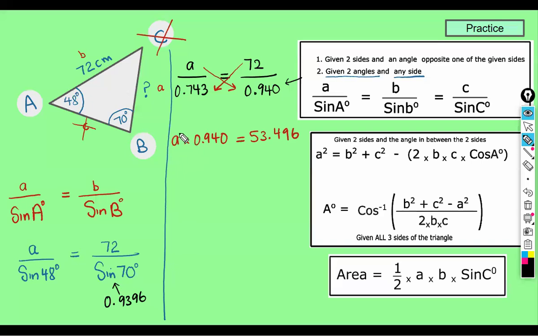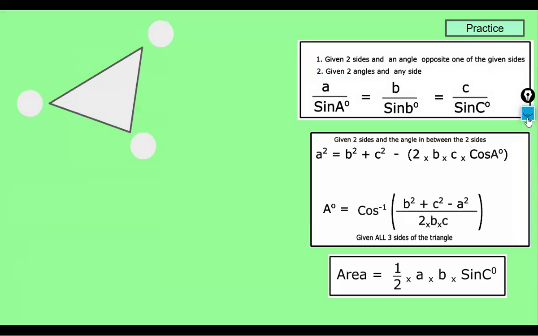Almost finished. We want to solve for small a. Grab this, multiply, throw it across, you get what? I made a mistake. Did anybody say I made a mistake? Anybody see any mistakes here so far?